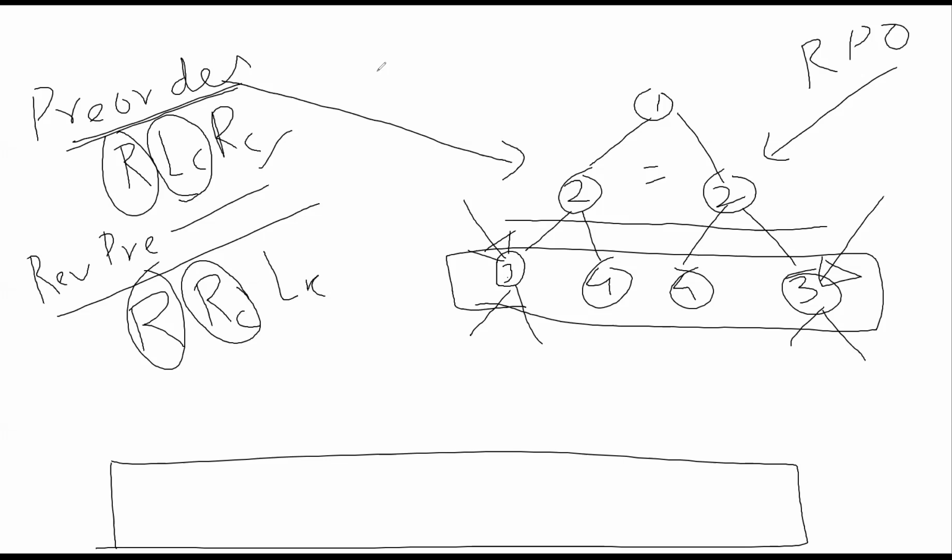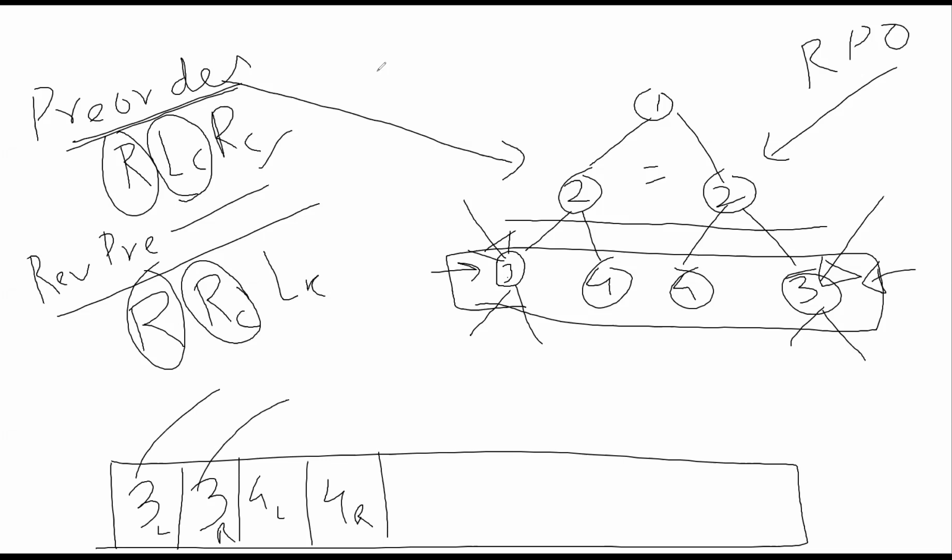So while we're comparing the values, we'll also insert them into a queue. We now know we have to compare 3 from the left child and 3 from the right child in the next step. Similarly, once we are done with these 2 in this level, the next 2 will be 4 from the left child and 4 from the right child. Once we are done with each level, we can take the top 2 from the queue and try to expand them.